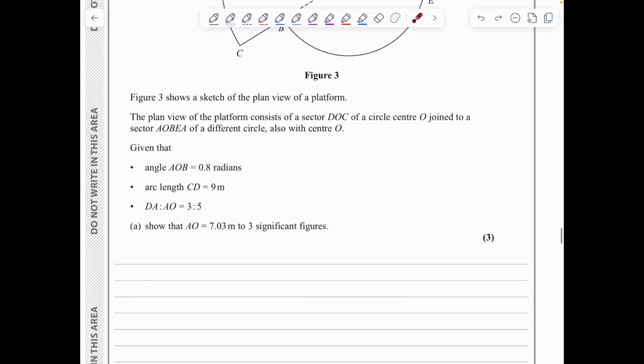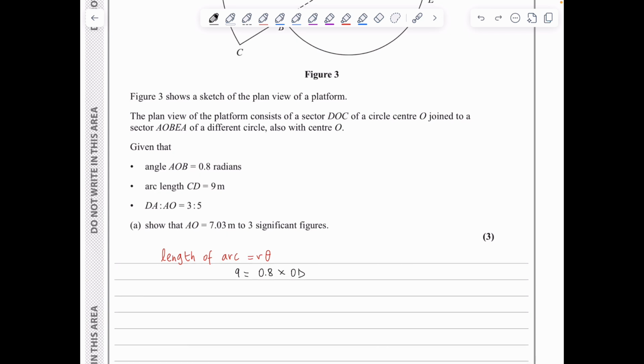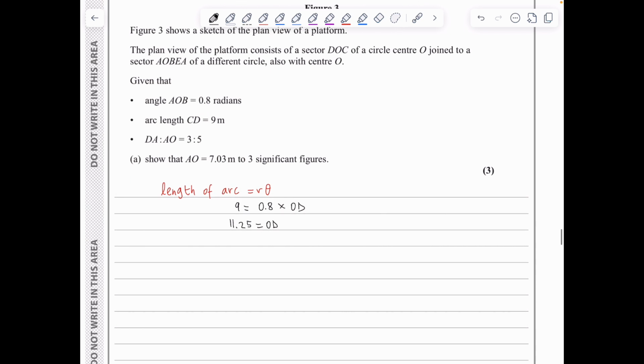Now we know that the length of an arc is given by r theta when theta is in radians. So in our case, the length of the arc is 9, which is equal to 0.8 times the distance OD. So this means that OD turns out to be 11.25, and we can proceed in saying that AO is simply 5 over 8 times the distance OD.